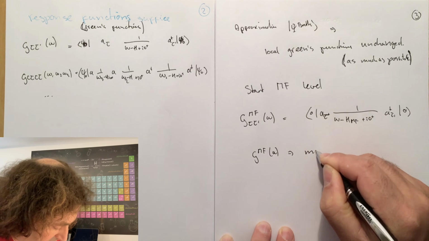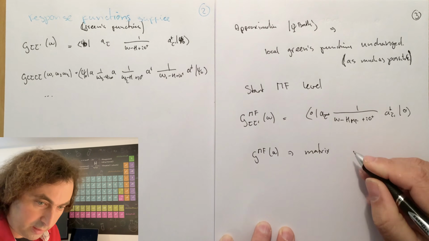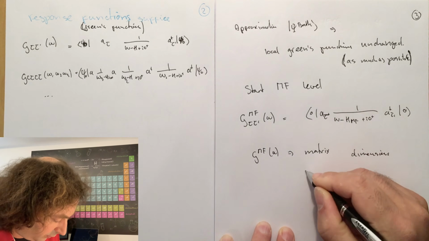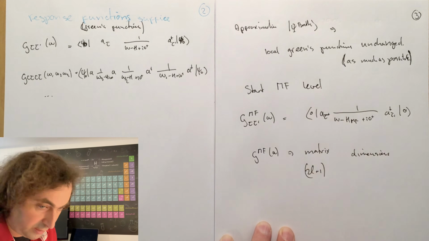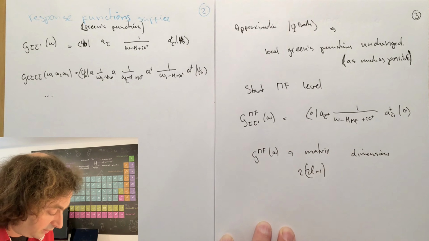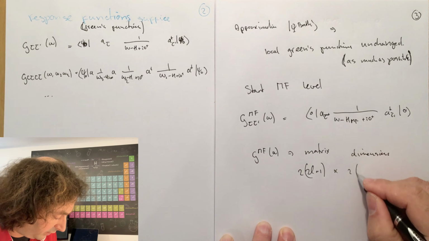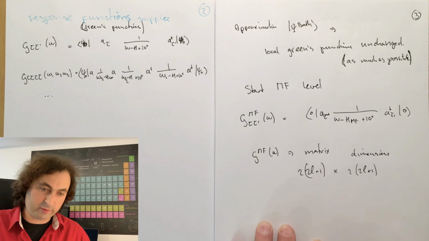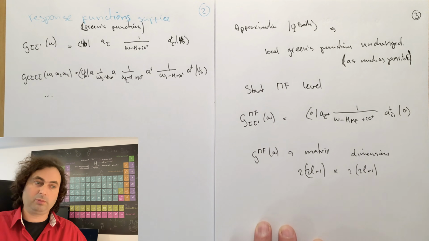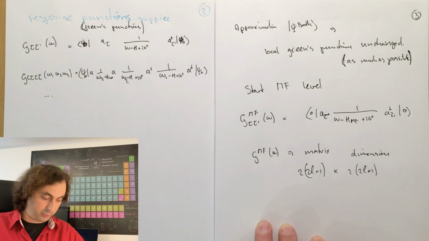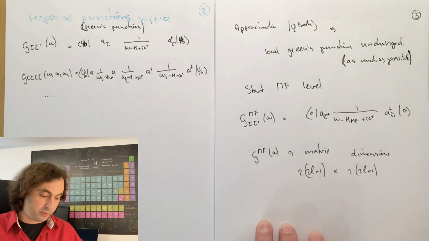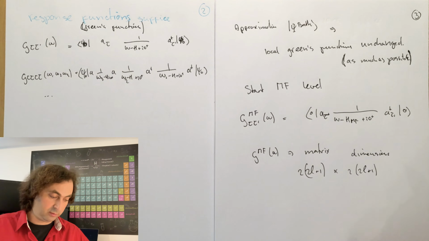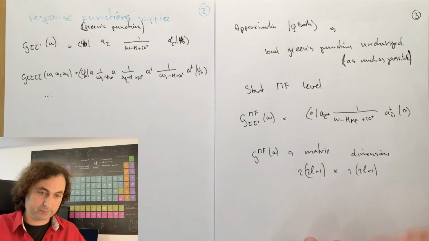It has dimensions of 2L plus 1 for the orbital degeneracy times 2 for the spin degeneracy. So tau can be one of the m quantum numbers or the Lz quantum numbers for your angular momentum, and can be spin up or spin down, giving you a 2L plus 1 times 2 degeneracy. And with that we then have a local Green's function as a matrix.